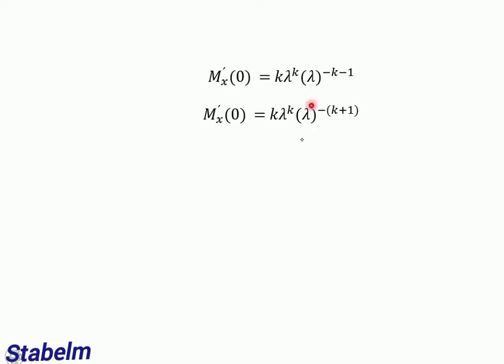Then if we bring this down, we're going to have k lambda raised to power k. If we write that, we have k lambda raised to power k, then divided by lambda k plus 1.